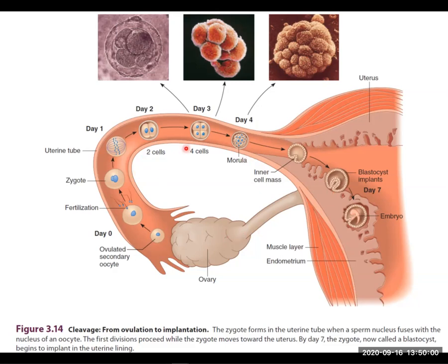So this takes about a week, the first week. It will change from the zygote to the morula to the blastocyst, and it will get embedded.